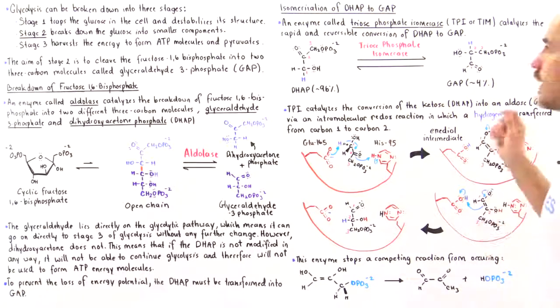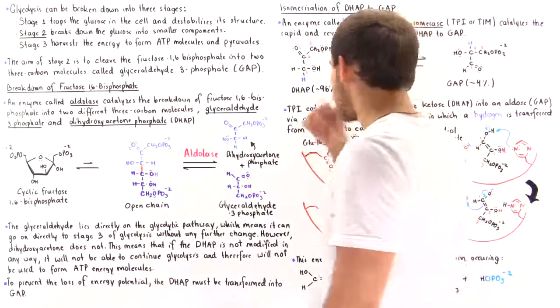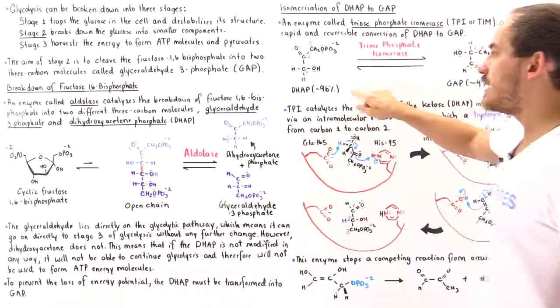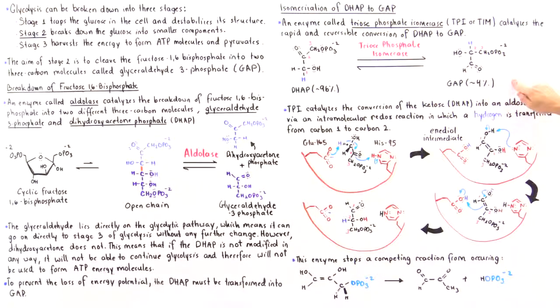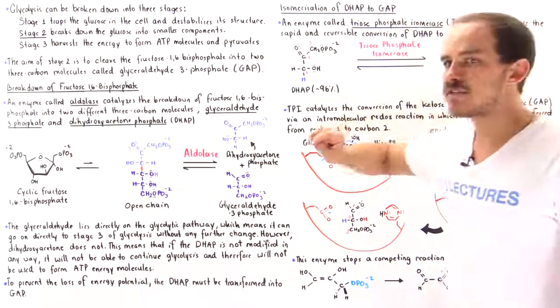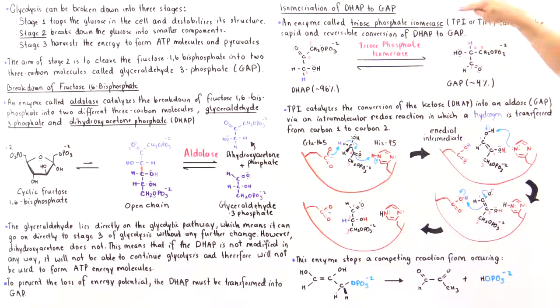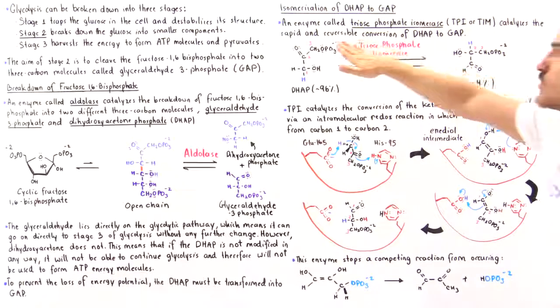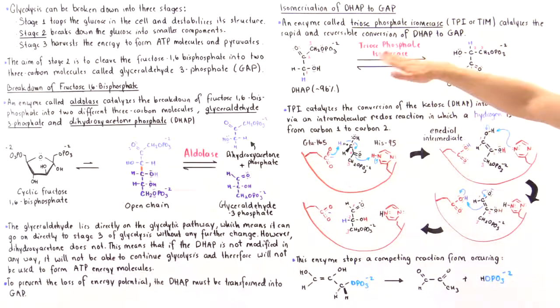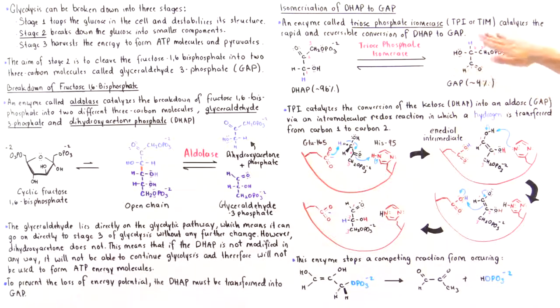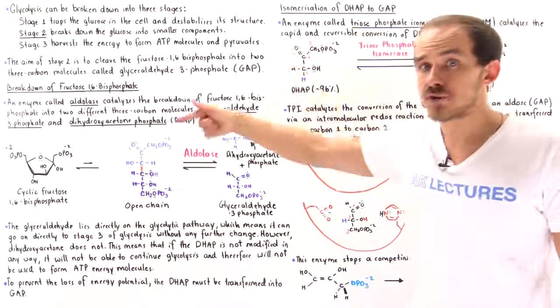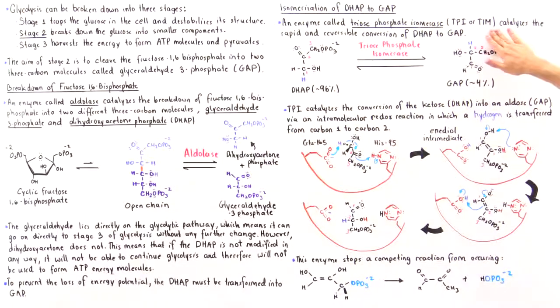The second enzyme that catalyzes the conversion of the DHAP into the GAP is known as triose phosphate isomerase, or simply TPI. Sometimes we also call it TIM. So triose phosphate isomerase, TPI, catalyzes the rapid and reversible conversion of the DHAP to the GAP.